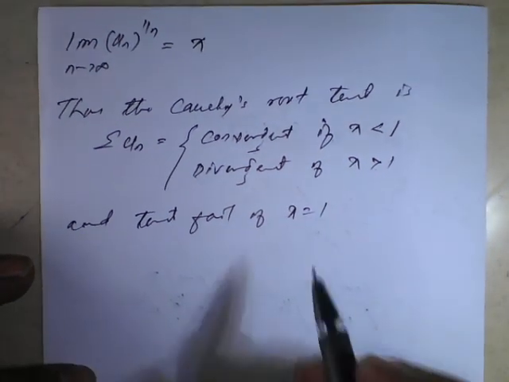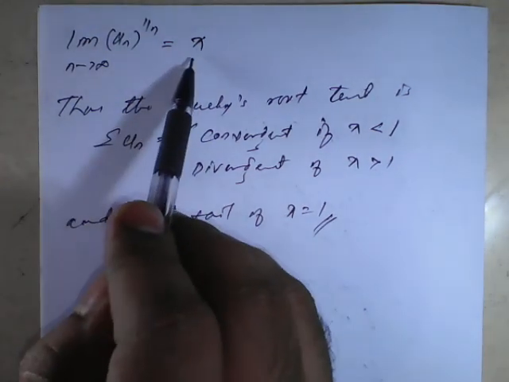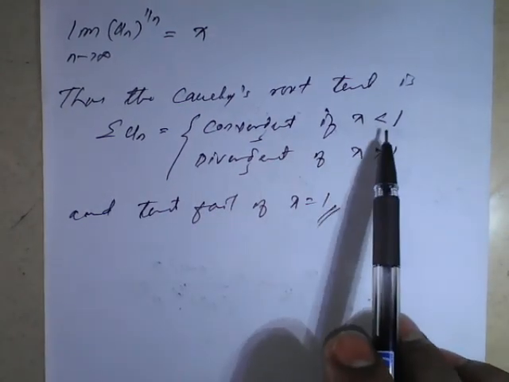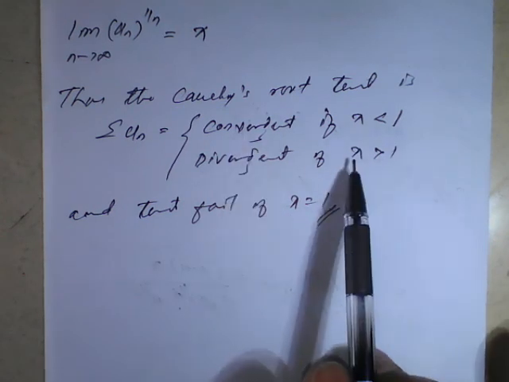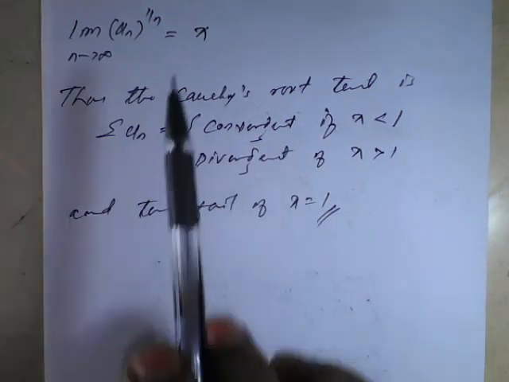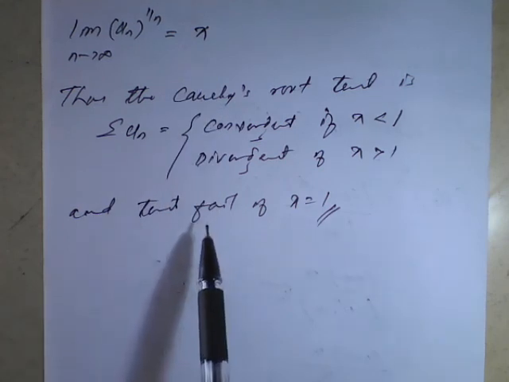So in this way, because we don't know what value x takes, we need to predict it. If it is less than 1, it is convergent; if it is greater than 1, divergent; and if it becomes 1, the test is going to fail.